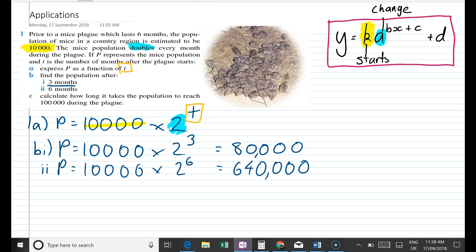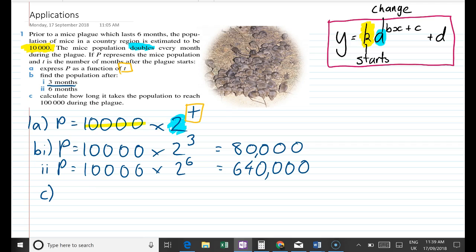Okay, now calculate how long it's going to take the population to reach 100,000 mice during the plague. Okay, here, C, I'm given something different, so I can't use the same equation in the same way.